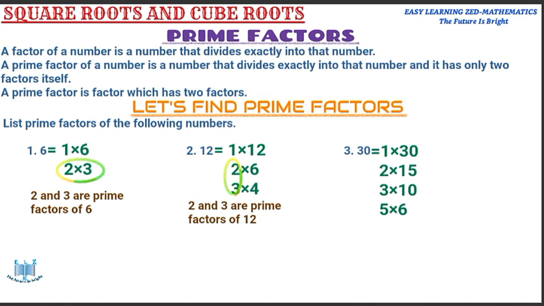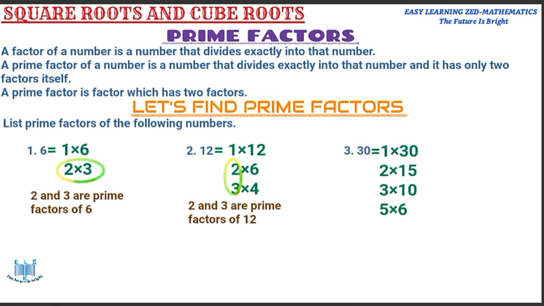Okay, these are the factors of 30. So 30 has got 8 factors. So we will start looking at prime numbers now among these factors we have listed. 1, we talked about 1, has only one factor, so it cannot be a prime number. 30 has more than 2 factors, so it's not a prime number. 15 has got more than 2 factors, as well as 10, and 6 also has more than 2 factors.